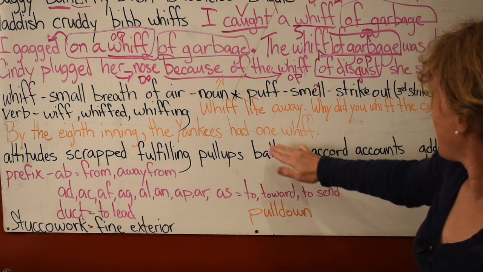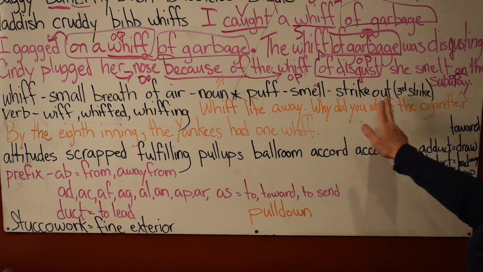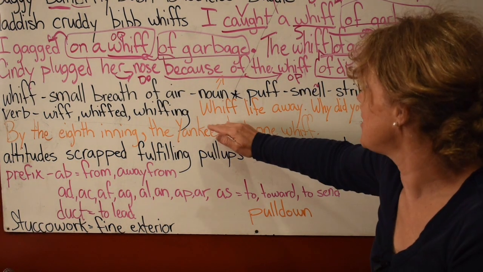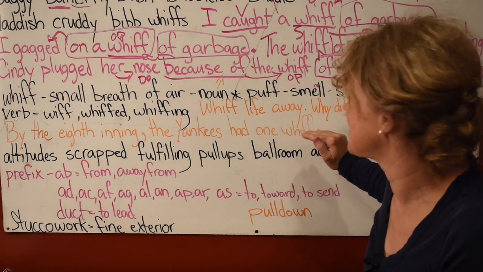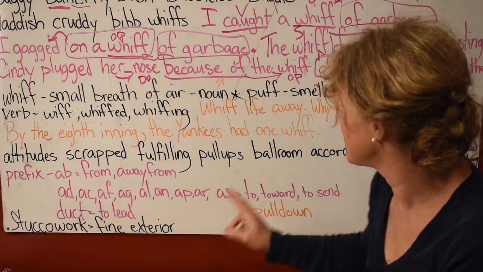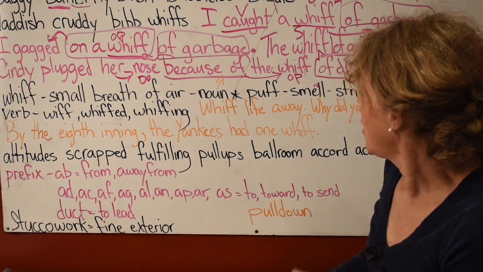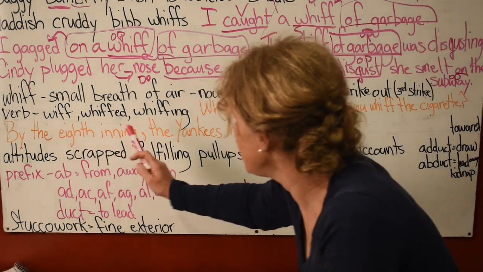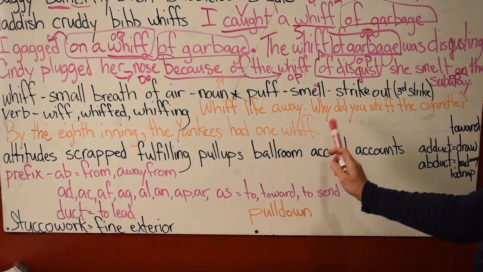Okay, so that means they had a complete strikeout. So obviously the Yankees were doing crazy good in this game. We actually lost in our game, but they won the next time that they played. So, but that's what that means. So by the 8th inning, the Yankees had 1 whiff.